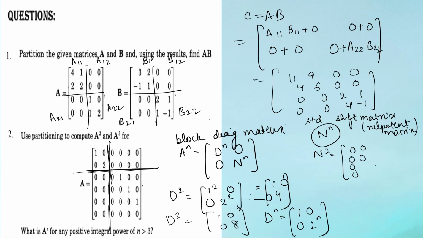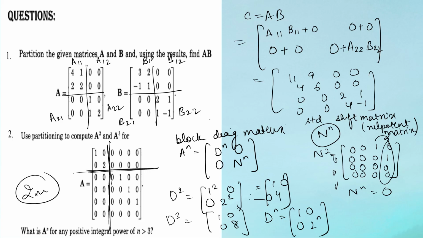So this will be 0, 0, 0, 0, 1, 0, 0, 0, 0, 1, 0, 0. Now, when we see N cube, this row will go, another 0, 0, 0, 0, 0, 0 row will come, and this will be a final row. And for N raised to power n, what you'll have will be a final 0 matrix.